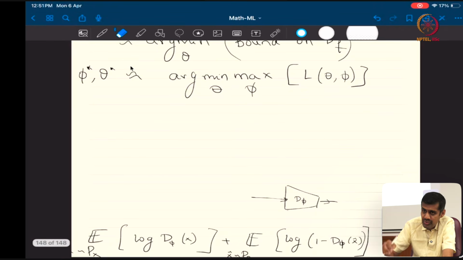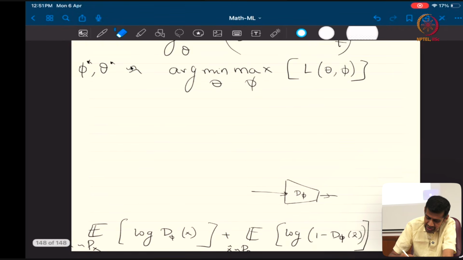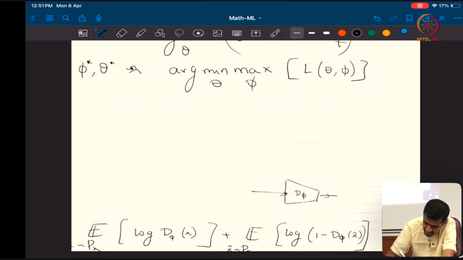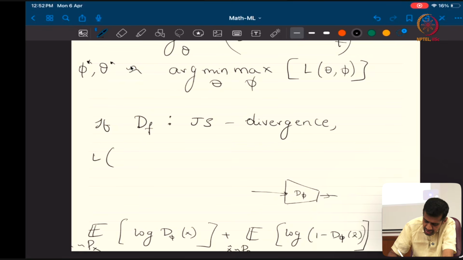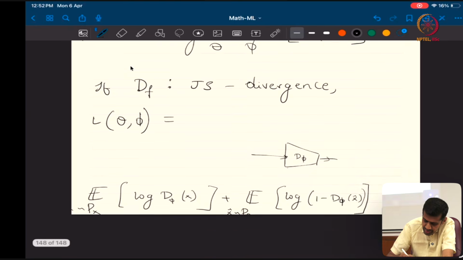Okay, so now we will see what happens algorithmically. In one particular case, if the F divergence is chosen to be this particular divergence called Jensen-Shannon divergence, L theta comma phi will take this particular form.